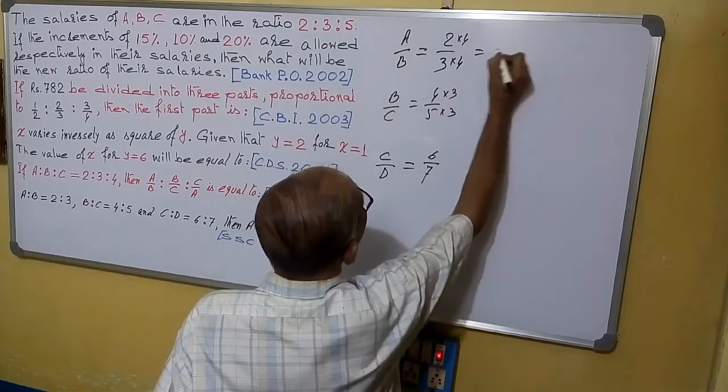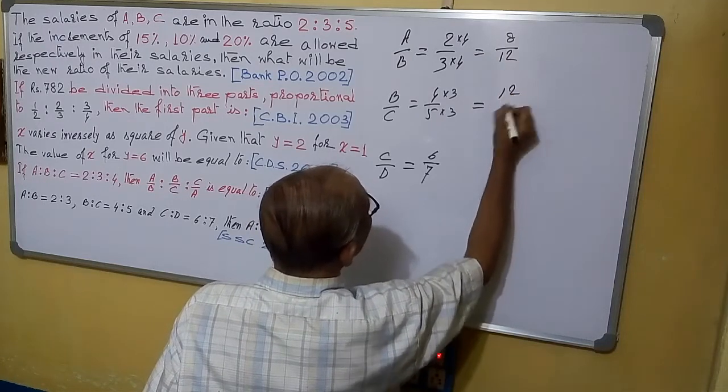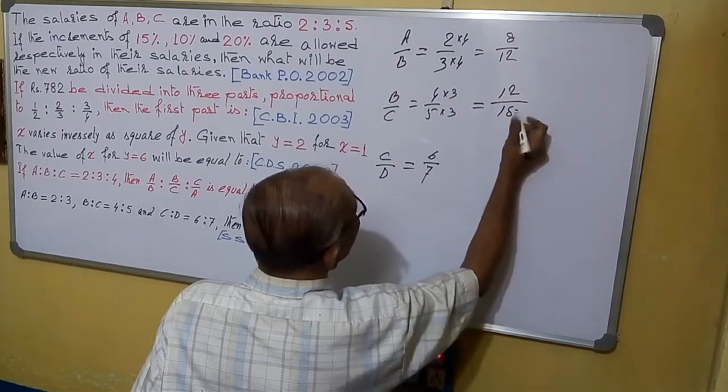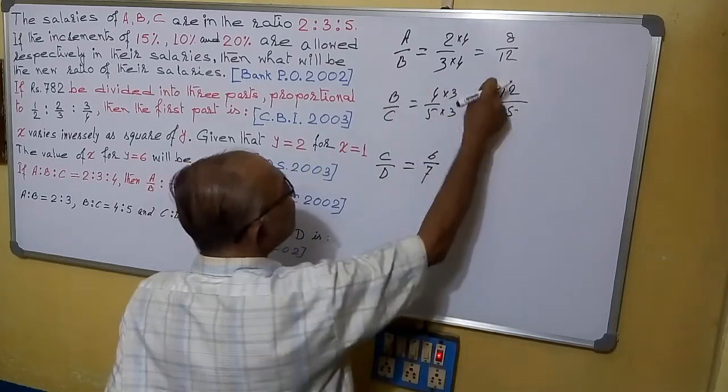So it becomes 8 by 12 and 12 by 15. Our intention was to make these two B's equal.